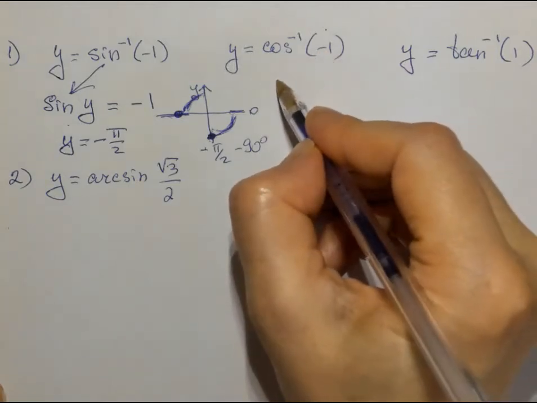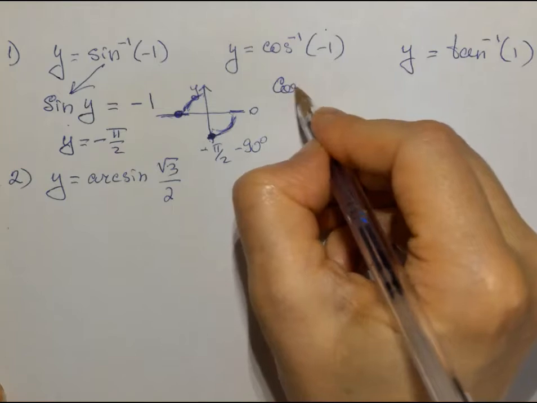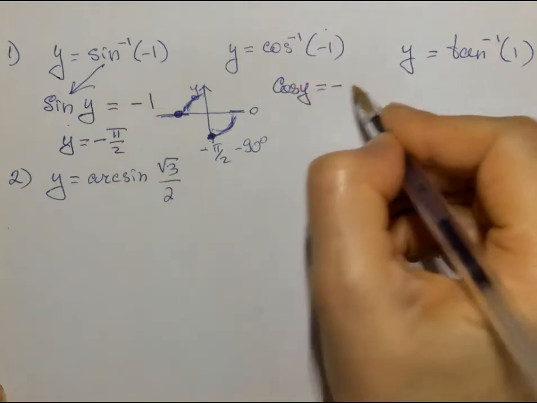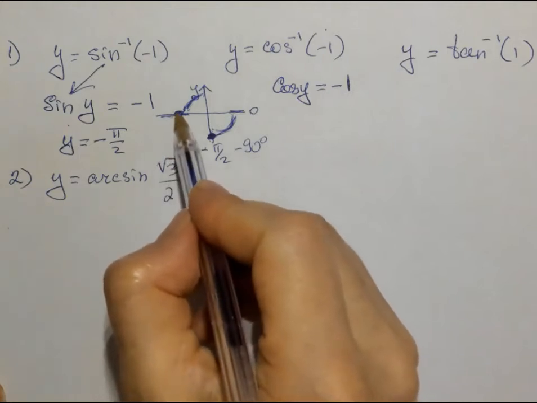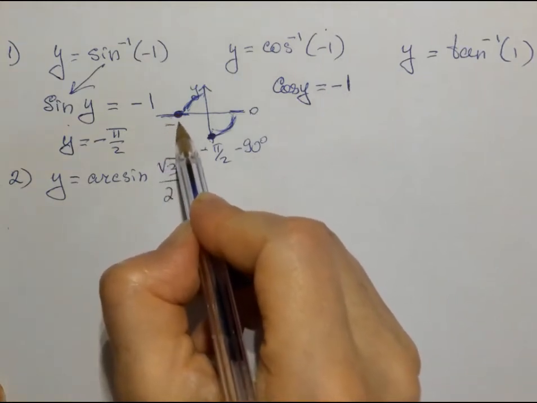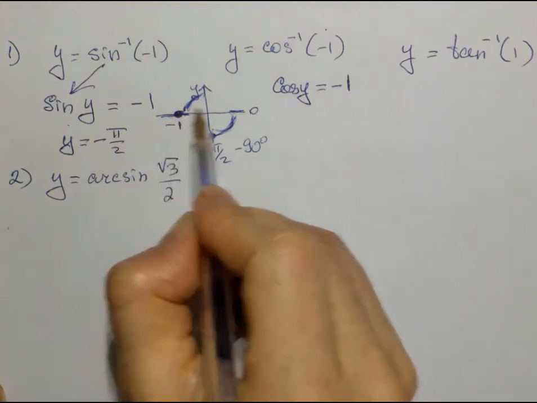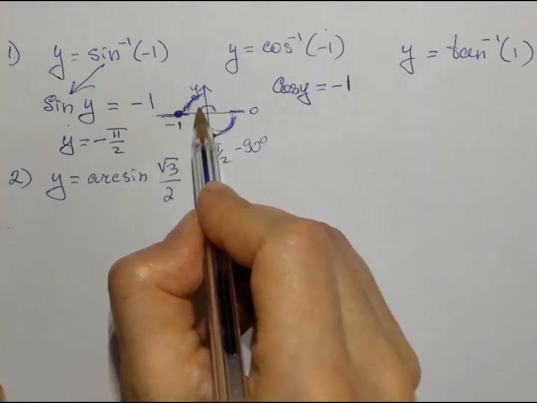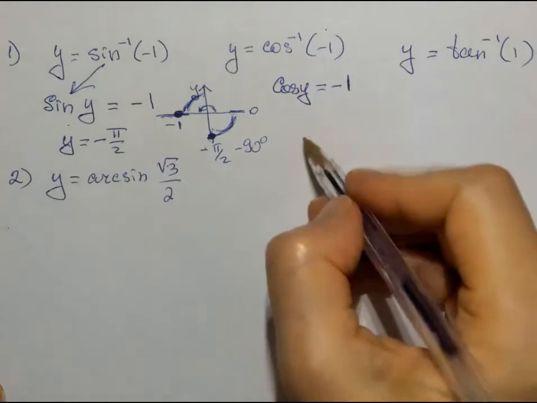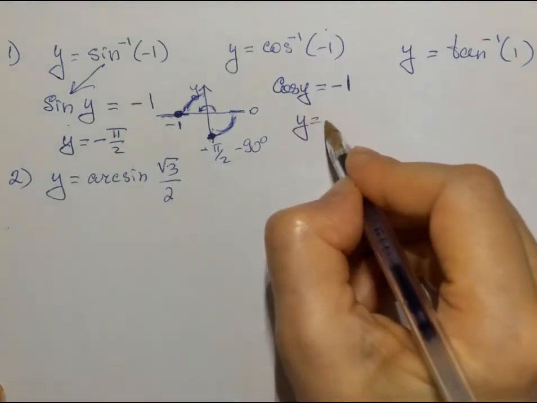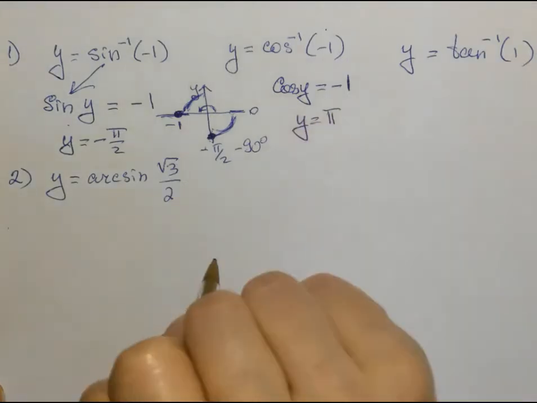So cosine without inverse, cosine of y equals -1. Cosine equals -1 at this point, and this is the angle equal to pi radian or 180 degrees. So y equals pi.